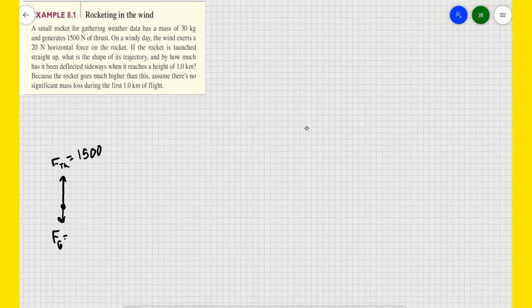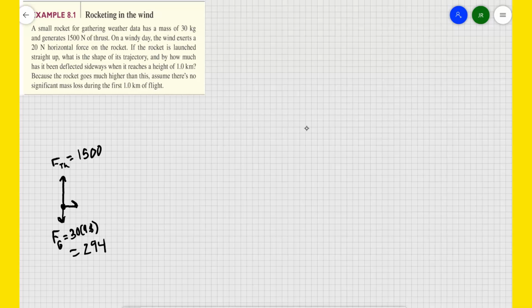And that is going to be the mass times the acceleration of gravity, mg. So 30 times 9.8, that's 294.